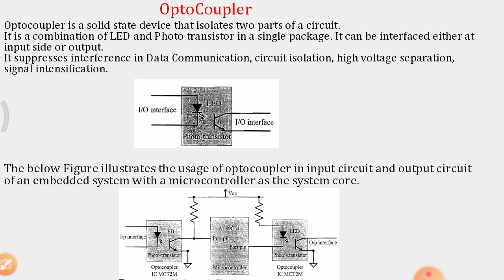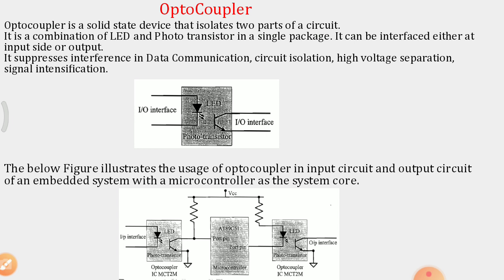Then we'll go for an optocoupler. An optocoupler is a solid state device that isolates two parts of a circuit. That means it separates two parts of a circuit. Basically it's a combination of an LED and a phototransistor.